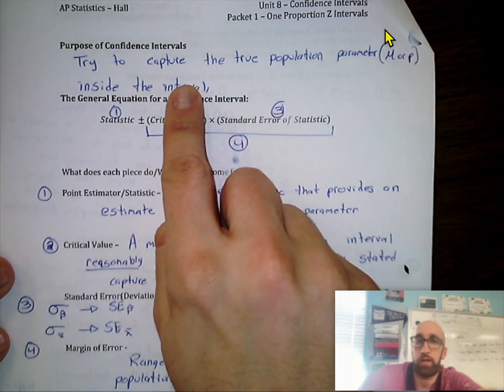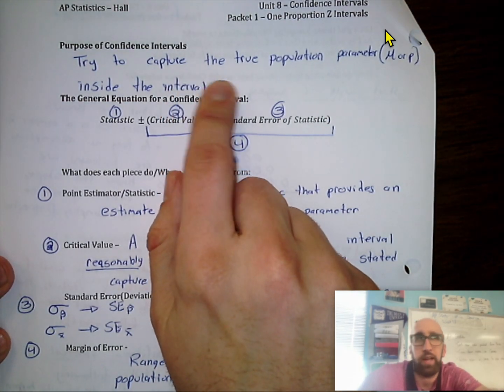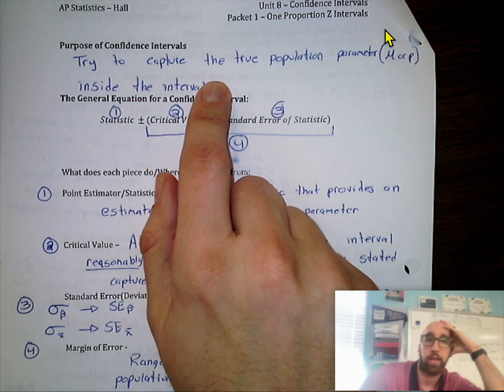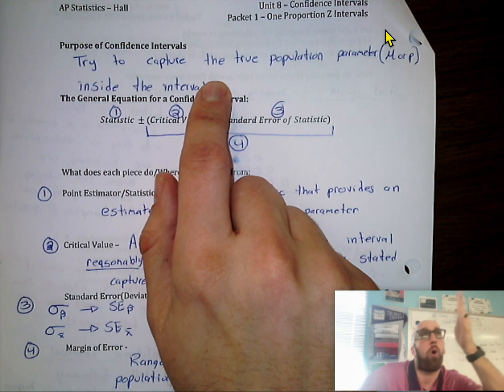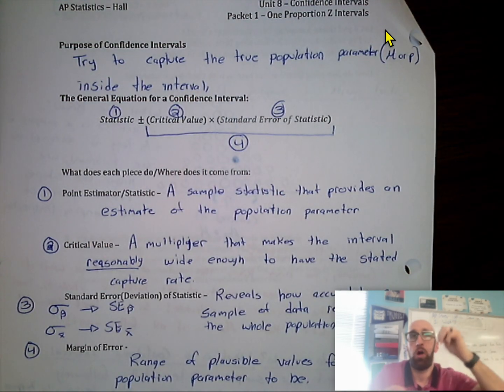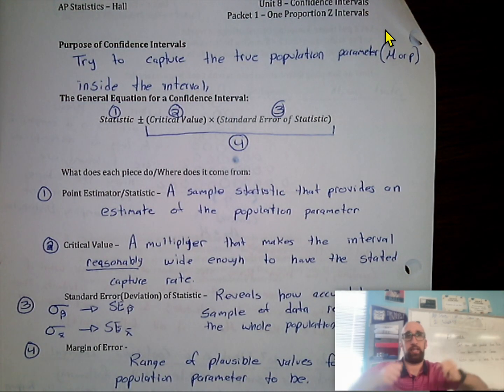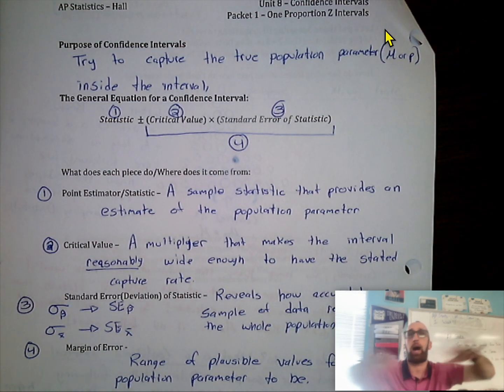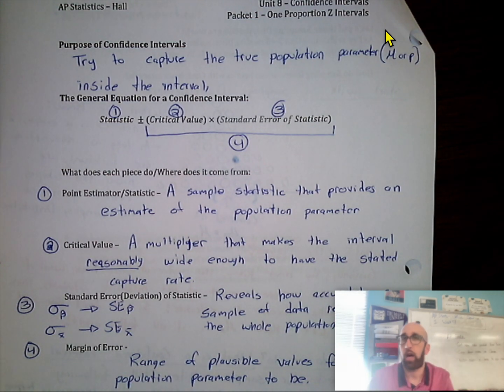So we're trying to capture an interval. The analogy that some people use is, imagine you're at a lake, and there is one fish you're trying to catch. If you could capture this one fish, voila, you've achieved what you want to do. What a confidence interval is, we're going to throw a net out there. Now, this net isn't going to cover the entire lake. That's just kind of insane, right?